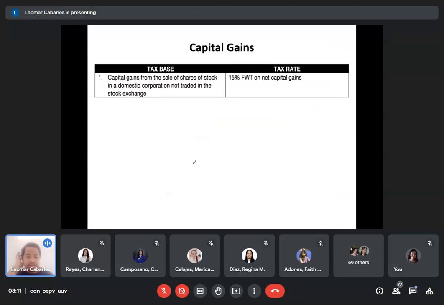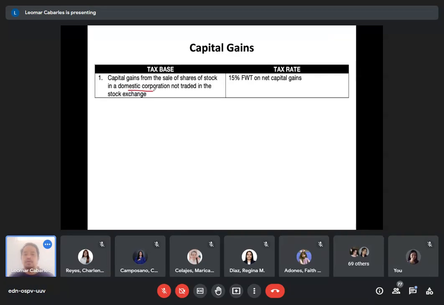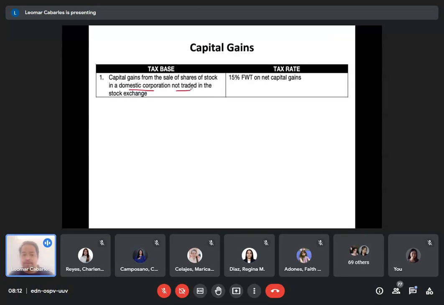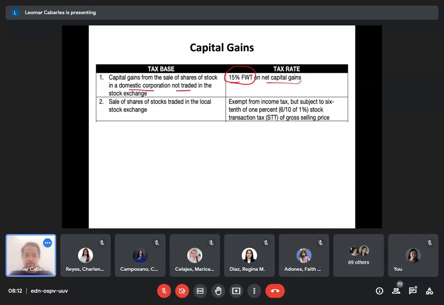For capital gains, pag sale yan ng shares of stock sa domestic corporation, hindi traded sa stock market, 15% final withholding tax on net capital gains. So pag listed siya, exempt from income tax, but subject to 6/10 ng 1% stock transaction tax ng gross selling price.